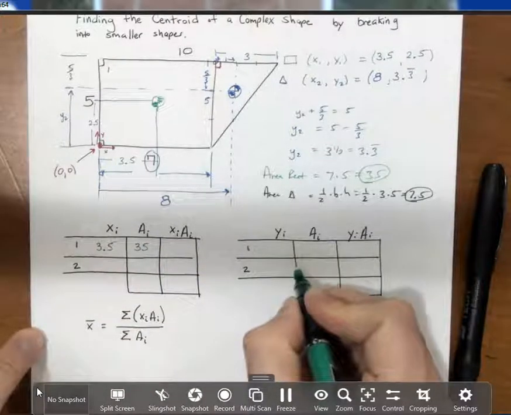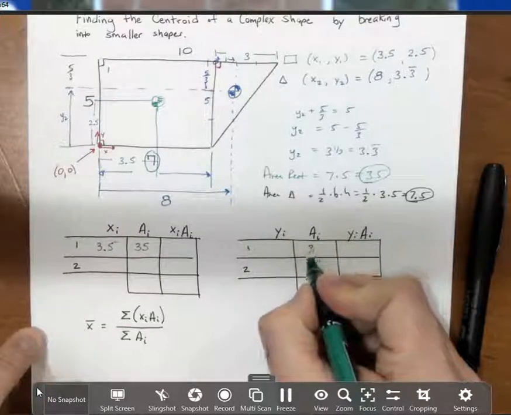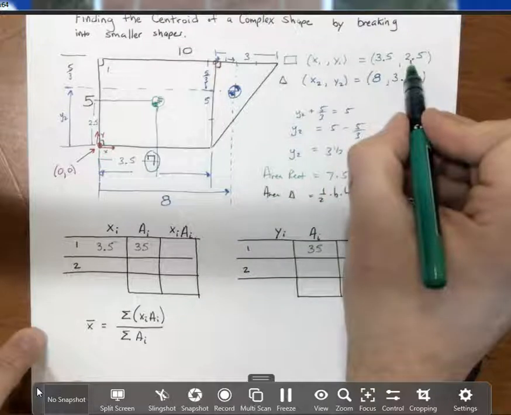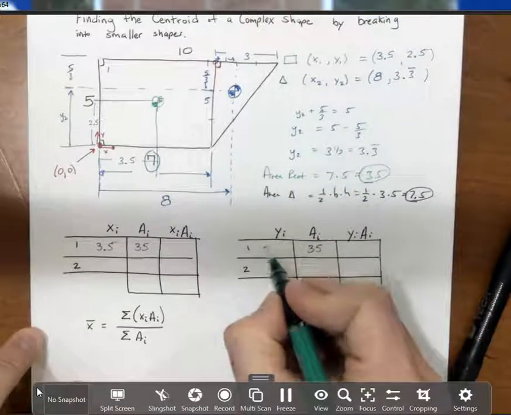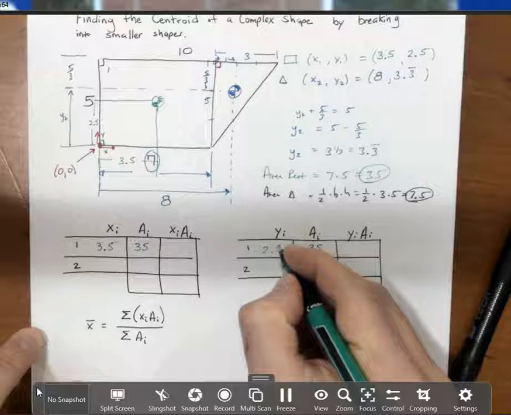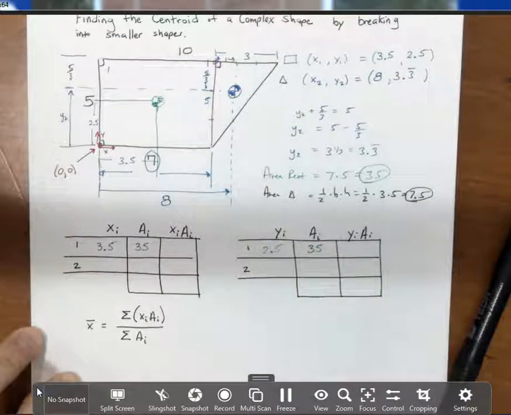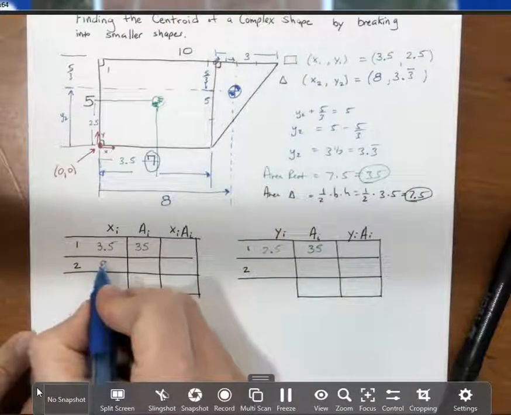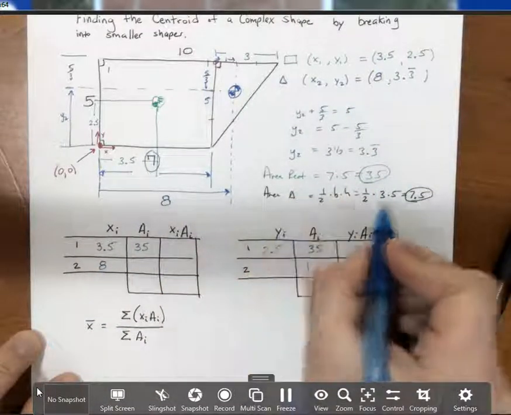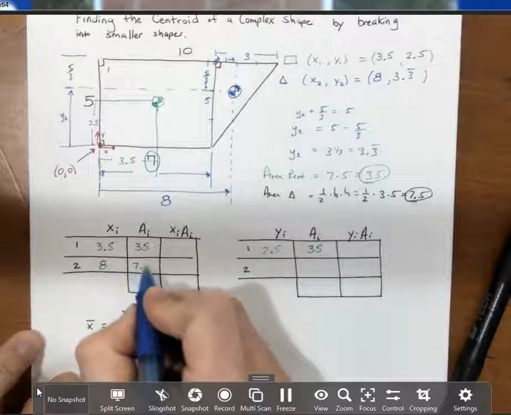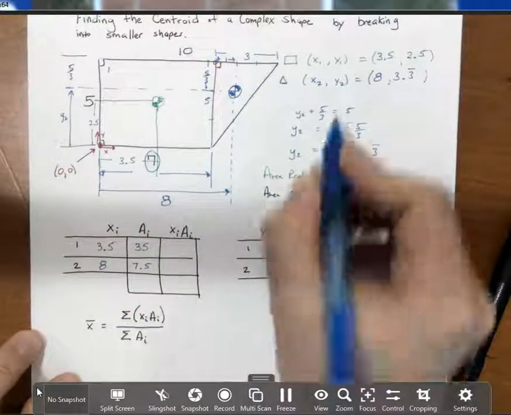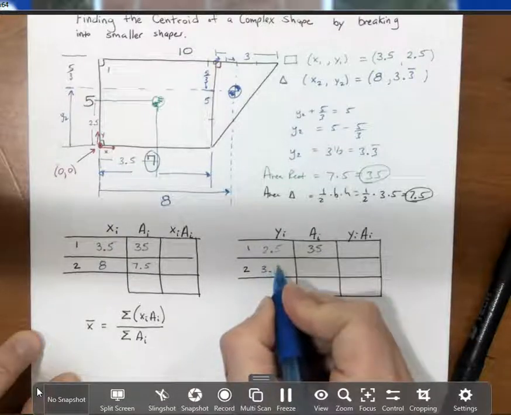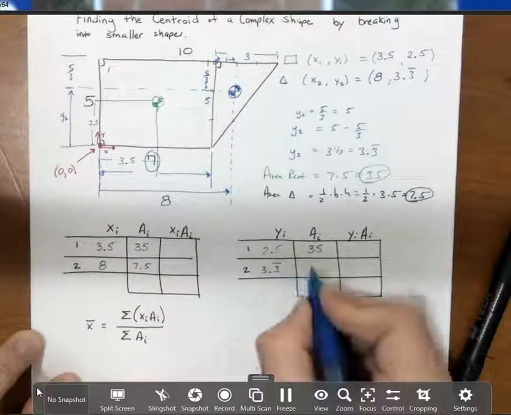When we come over here to do the y-coordinates, the areas are going to be the same, 35 as well. And the y-coordinate for that rectangle is 2.5. So we can go ahead and fill all that in. Then for the triangle, I had used blue. The x-coordinate was 8. The area of the triangle was 7.5. The y-coordinate was the 3.3 repeating, 3 1/3. And again, the area is the same, 7.5.